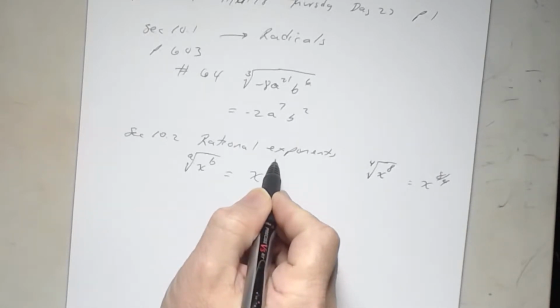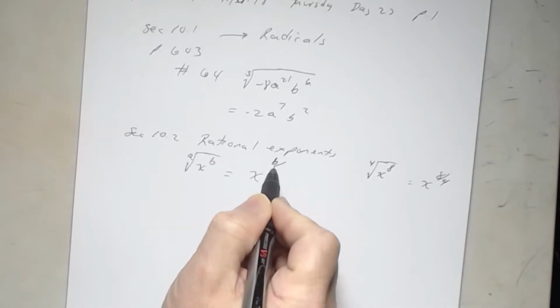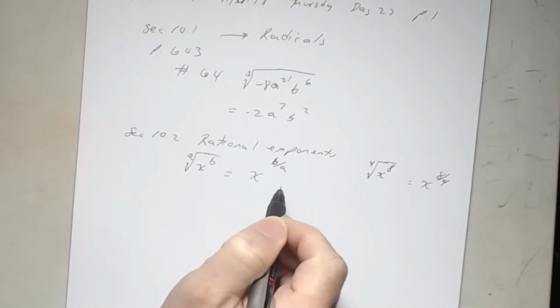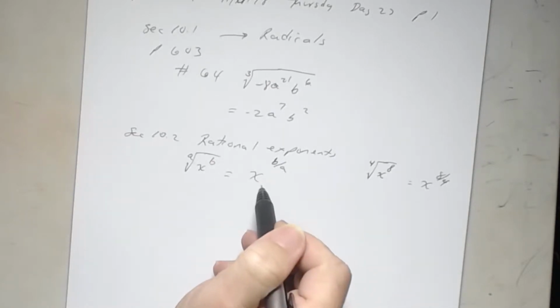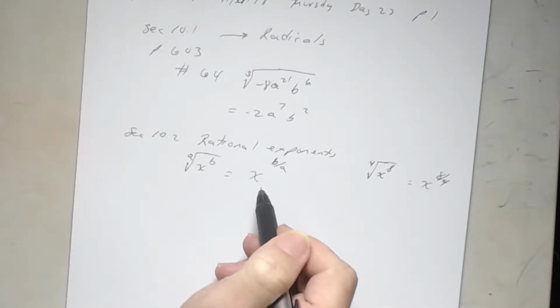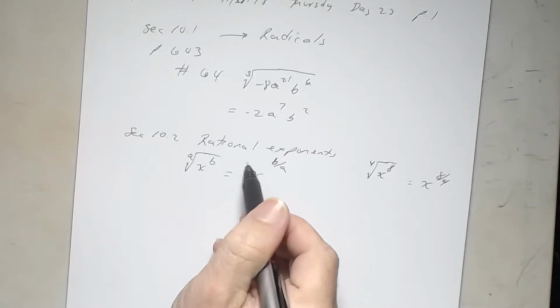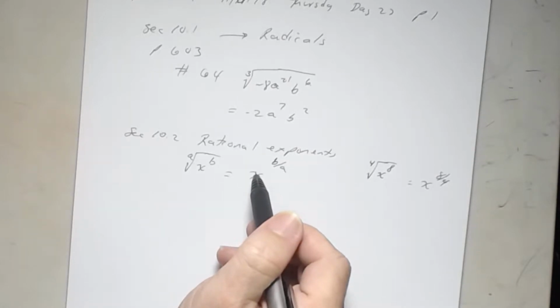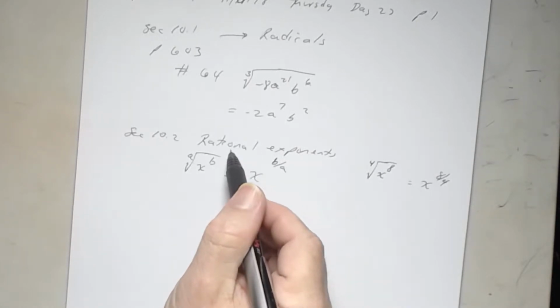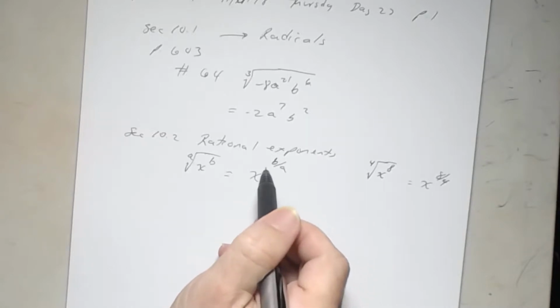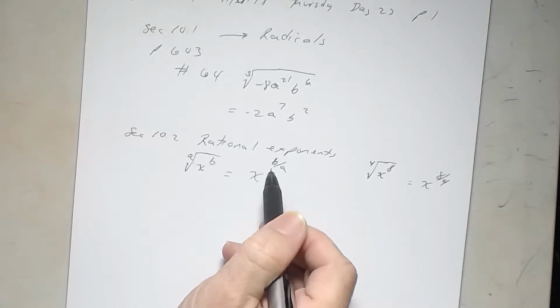B divided by A. You keep missing this, so don't miss the next one. That is what rational exponents are: your exponent is a rational number, a fraction.